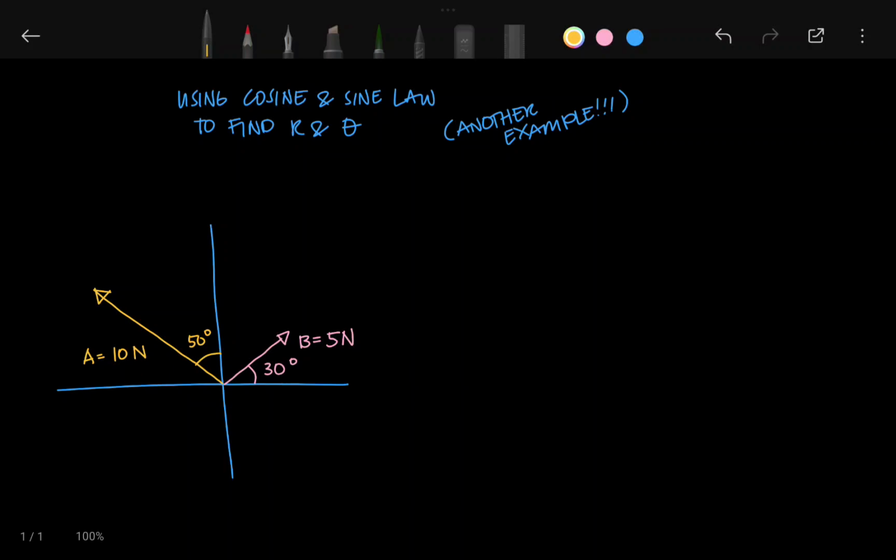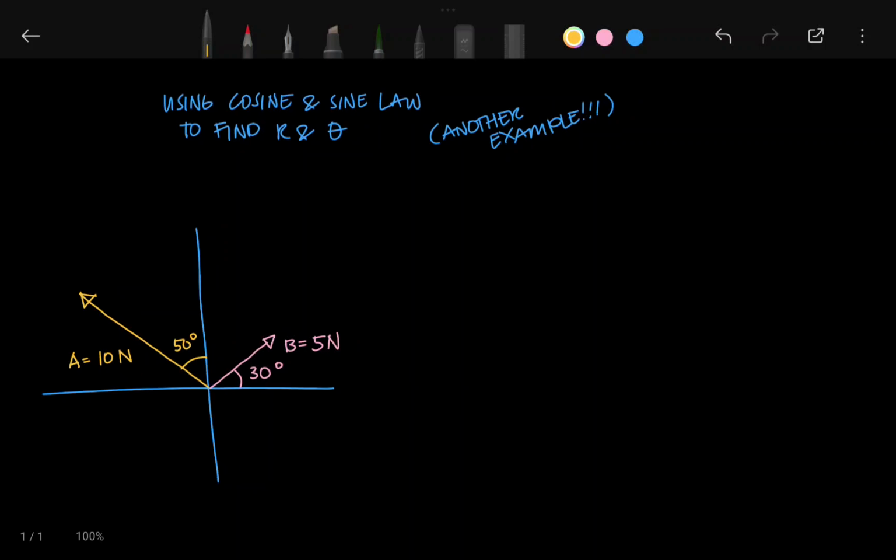So, under the parallelogram method, the first step is to draw a parallelogram. So we'll reflect vector A over here. And then we'll reflect vector B over here.